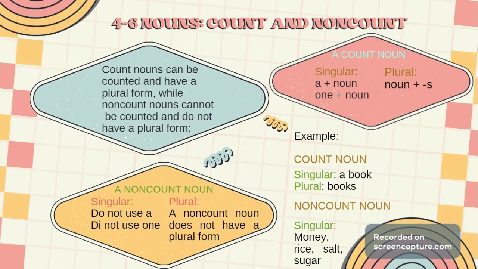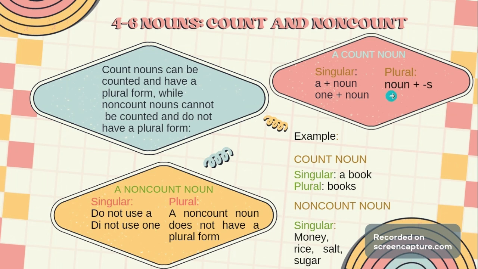Next, nouns, count and non-count. So, what are count and non-count nouns? Count nouns can be counted and have a plural form, while non-count nouns cannot be counted and do not have a plural form. So, as you can see, for a count noun, singular, use a plus noun, one plus noun.